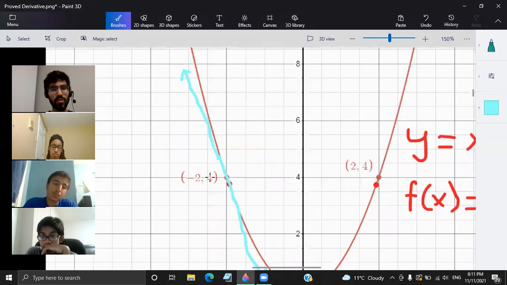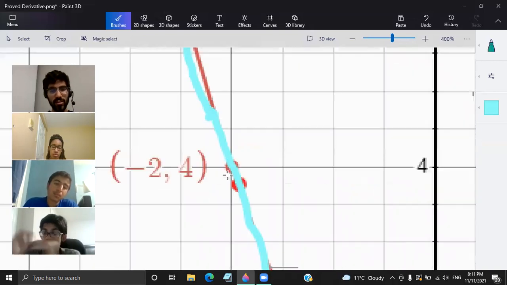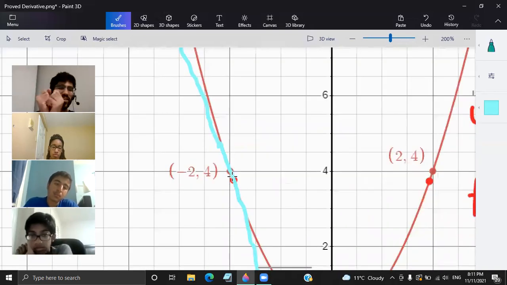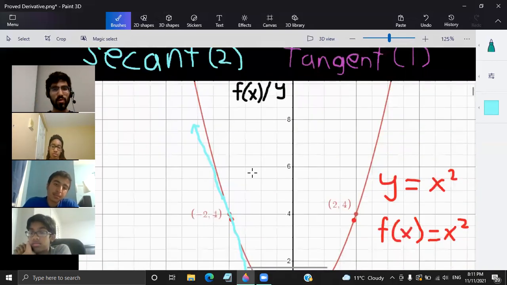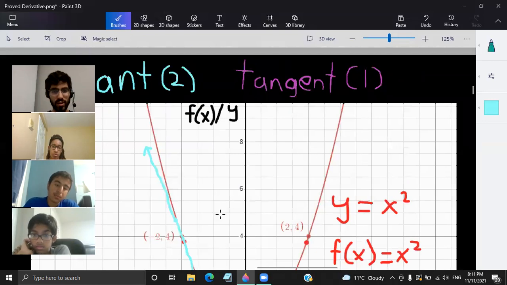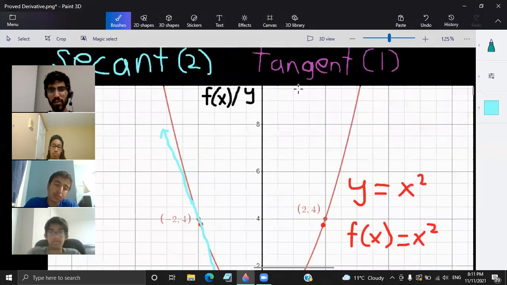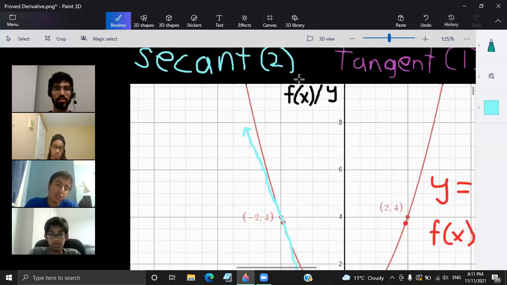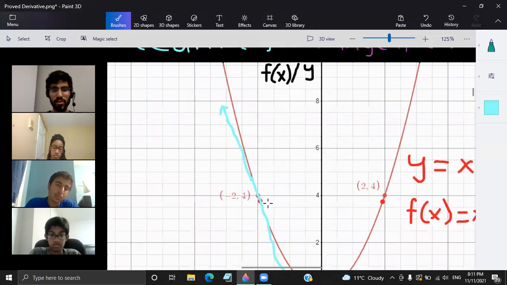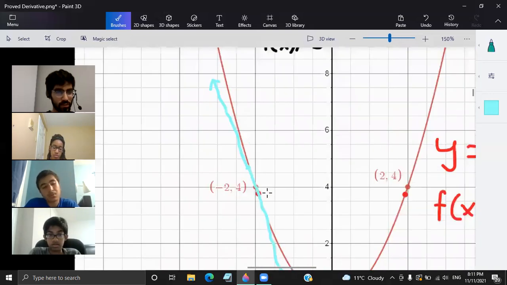The slope of this new line, which still touches 2 points very close to each other, is approximately equal to a tangent at just this 1 point. Technical wording: the slope of the tangent is about equal to the slope of the secant if the 2 points are really, really close to each other.